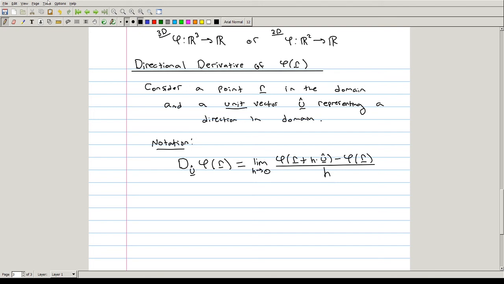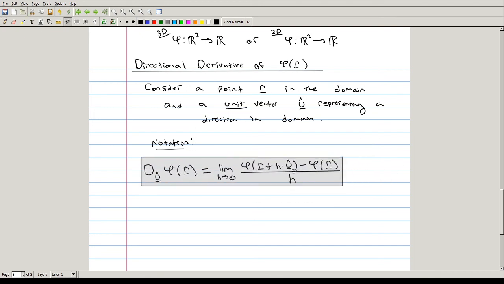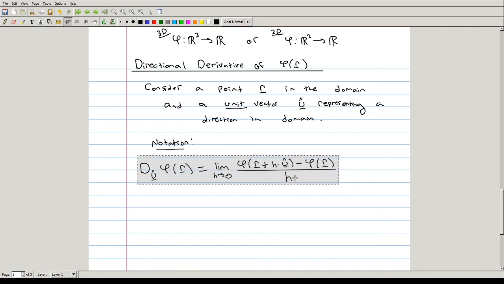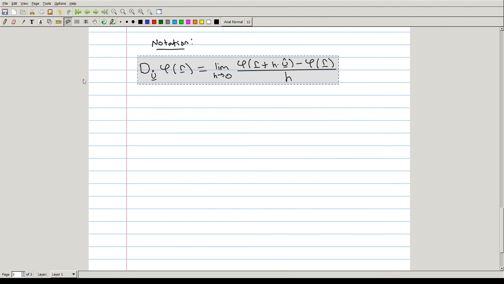And this concept should hopefully be familiar to you if you've taken a multivariable calc course. But we just want to review this a little bit and talk about it for a little bit.